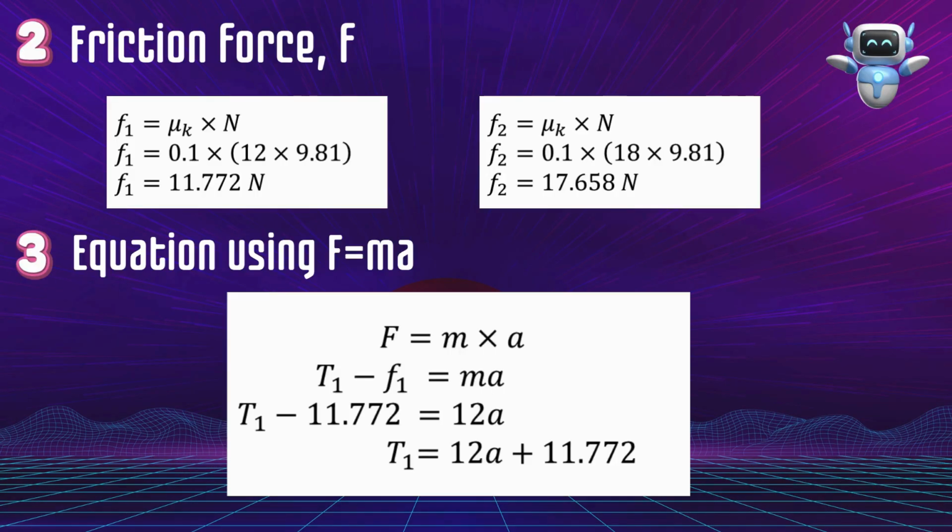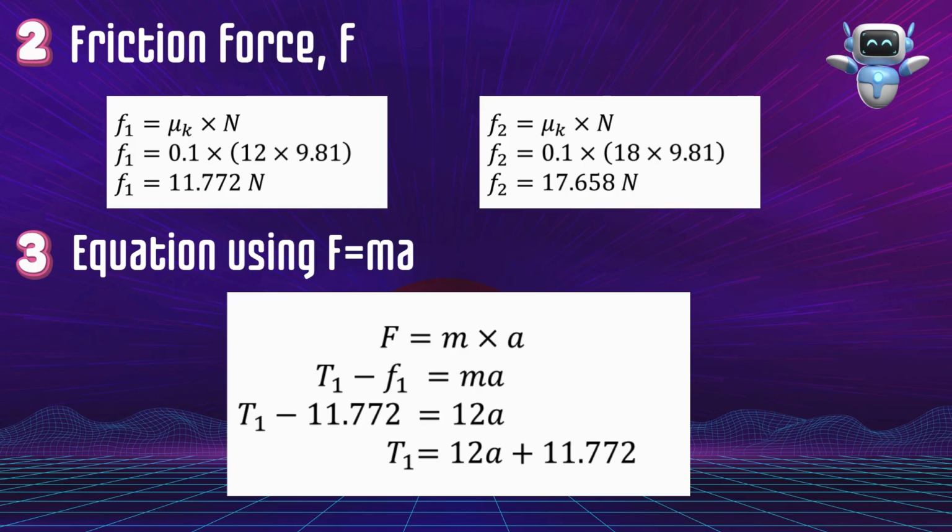Step 2, calculate friction force using the formula F equals mu times the normal force. And the normal force is actually equal to weight, which is mass multiplied by gravity. Since we have two objects with different weight, we have to calculate two friction forces.